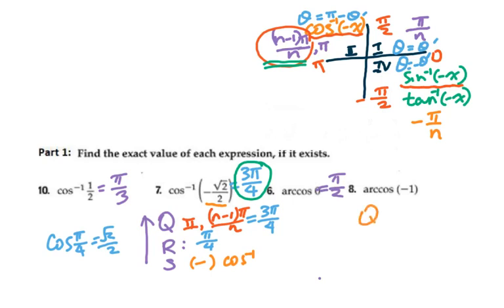We have QRS. Reference angle will be 0. This is sine, that's a negative. For inverse cosine, let's go to the second quadrant.